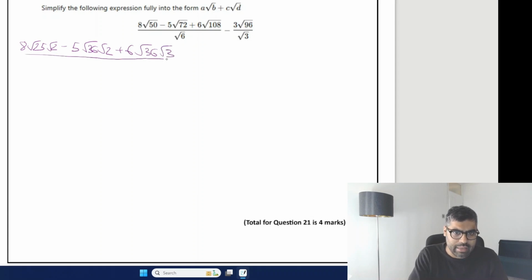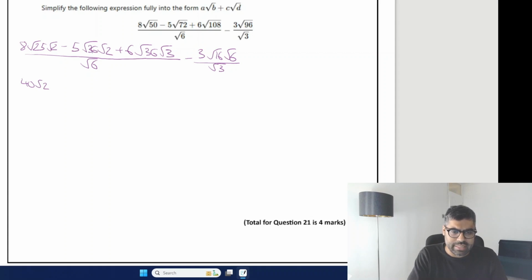All of that over root 6. Then we have -3. What square number goes into 96? Well, it's going to be root 16 root 6 over root 3. Okay, simplifying it further, root 25 is 5, so 5 times 8 gives 40 root 2.